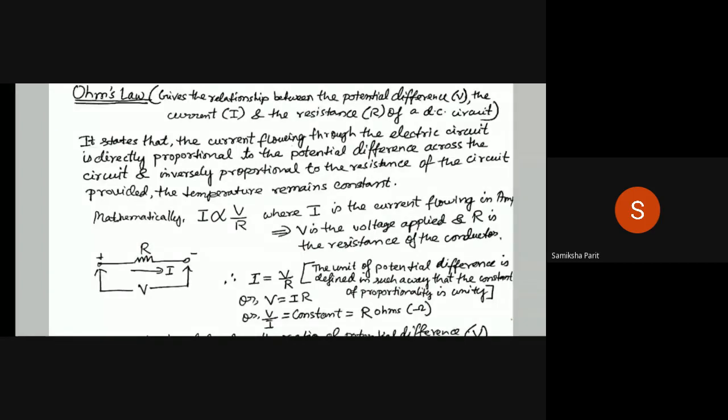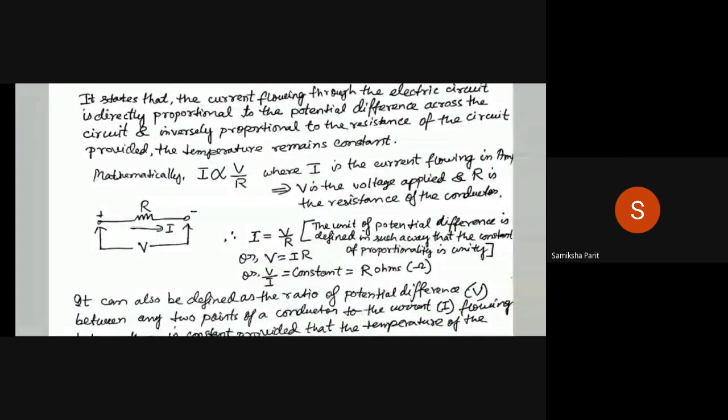Considering everything as unity, we write it as I equals V by R, so that the unit of the potential difference is defined in such a way that the constant of proportionality is unity. Unity means 1 equals 1.